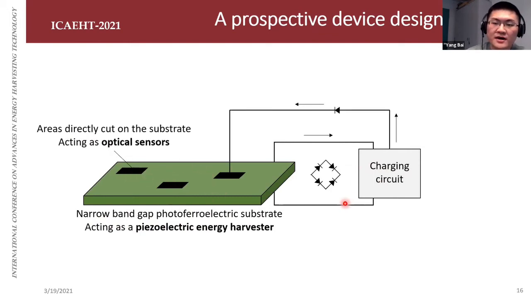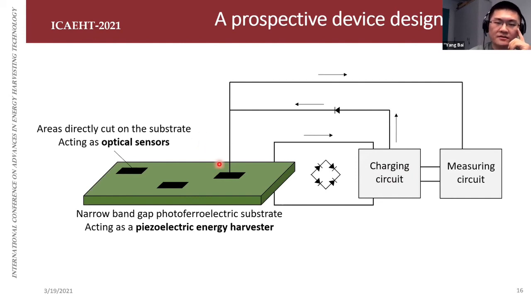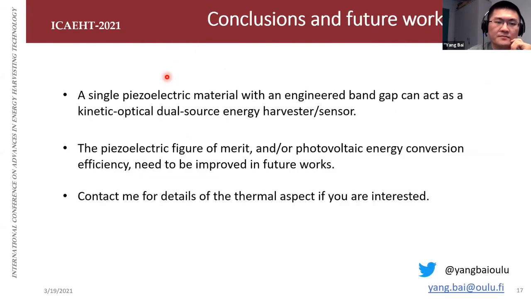And then the energy generated by the piezoelectric harvester can feed back to the optical sensors, as I showed you, to provide a very small bias. It's like 100 millivolts or so, which is quite doable for piezoelectric harvesters. And then this output current can go to a measuring circuit. So in this case, we could probably make a self-powered optical sensor.